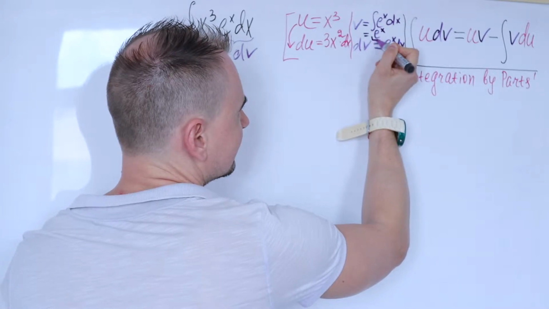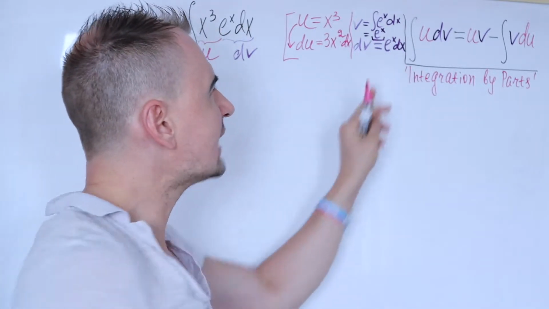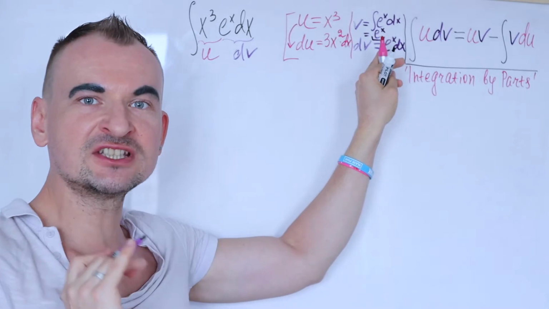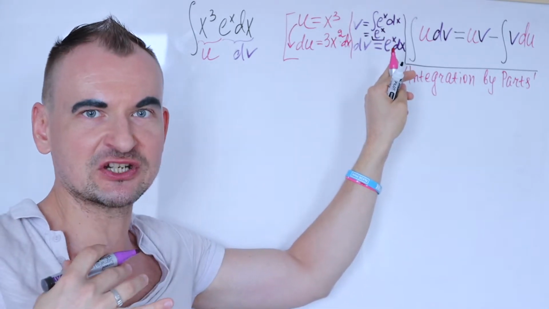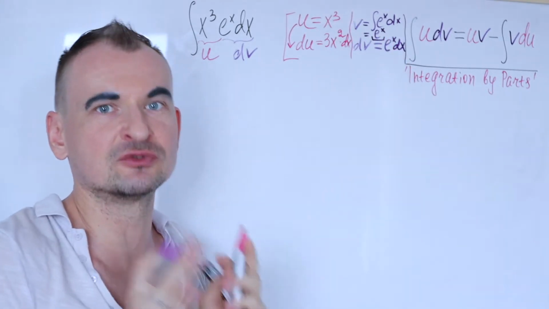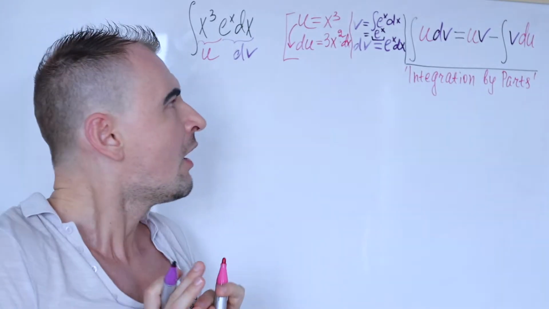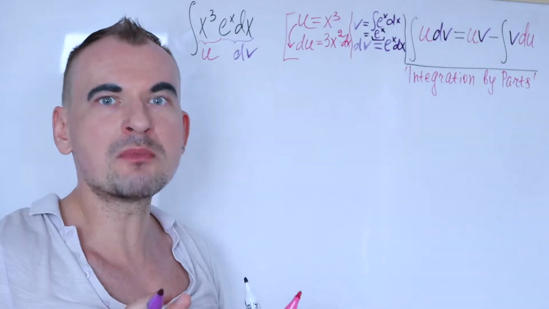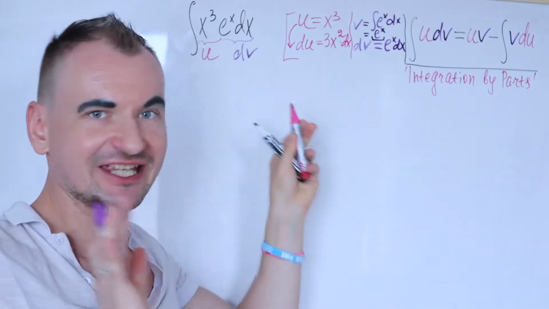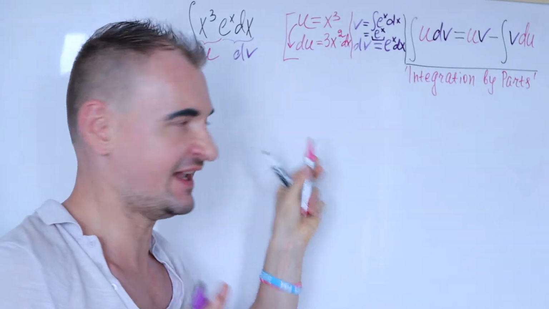So this is v. And notice at this point we don't need to add the arbitrary constant of integration c as we would normally do for normal integration, since it wouldn't matter at the end.